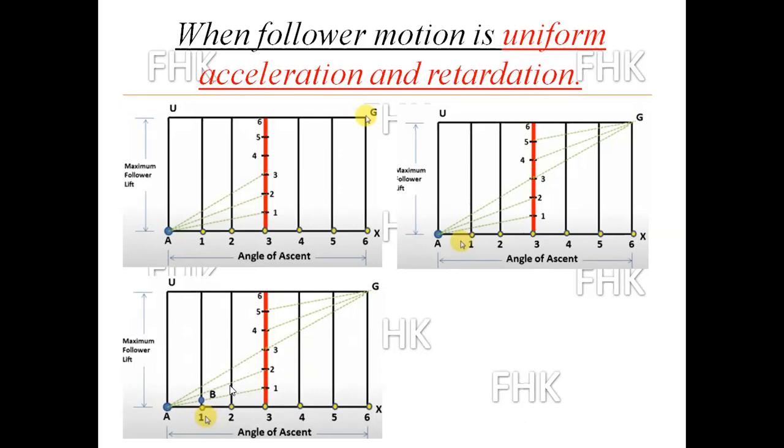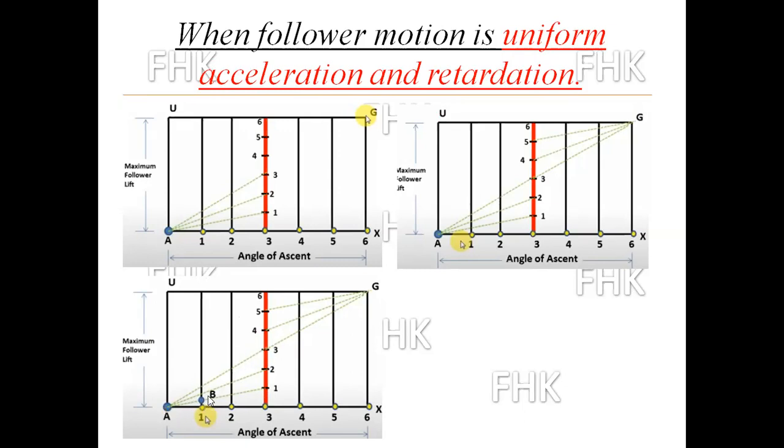Okay. Now next C point, this will be the intersection point of these two vertical lines and these two inclined lines. Same way, this D point will be the intersection of these three vertical lines and these three inclined lines.